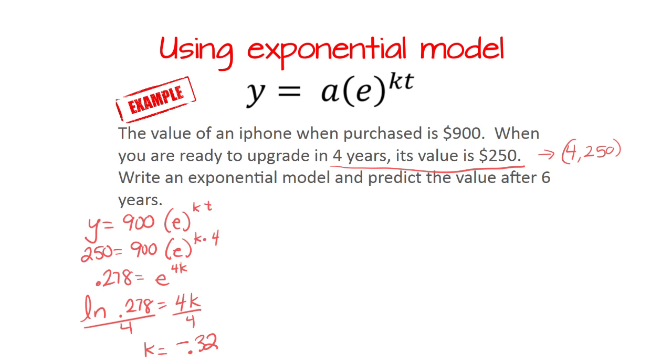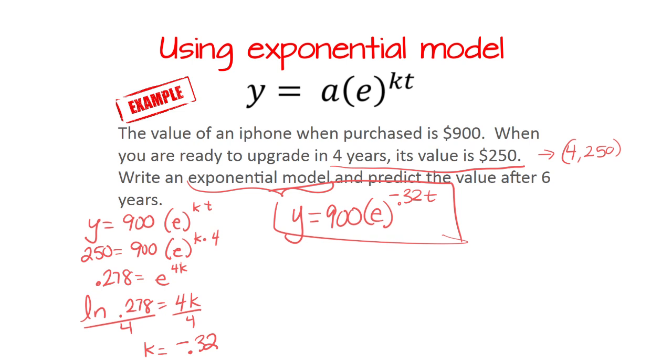Because now what I'm going to do is write the model and predict the value after 6 years. So the model is going to be this right here. y equals 900 e to the negative 0.32t. That's the model.